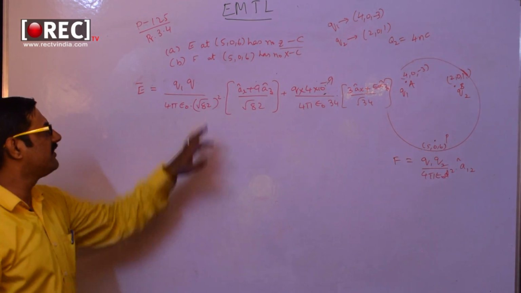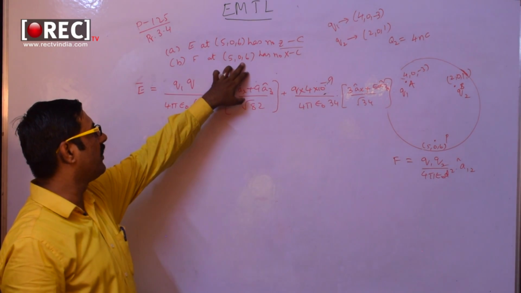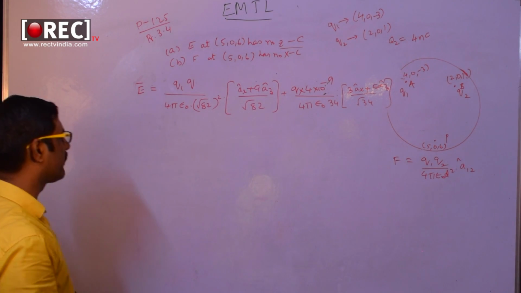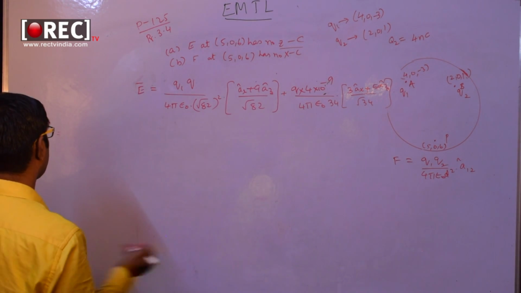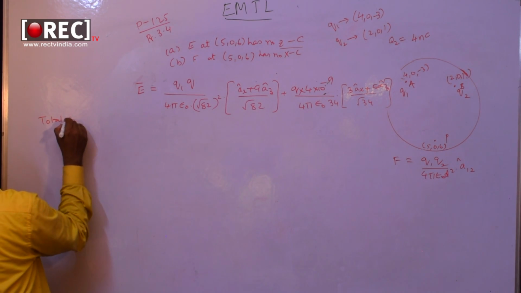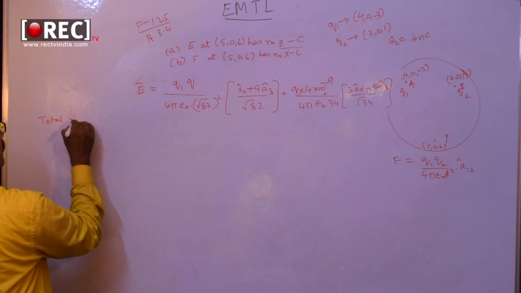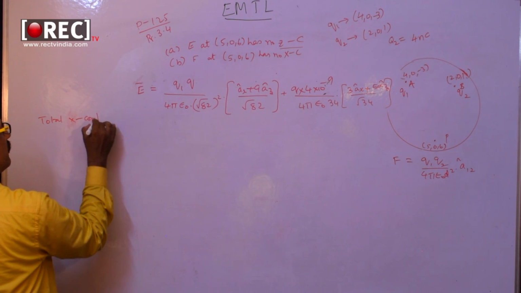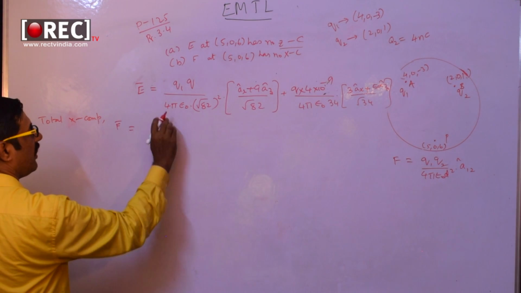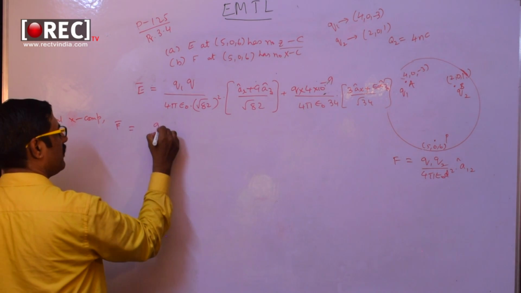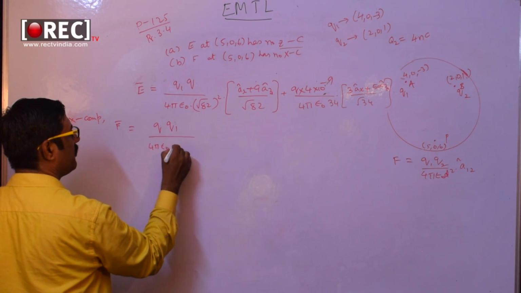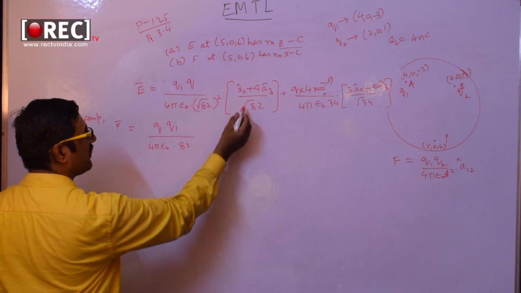Now he says that the force at this point has no x component. So let us determine the total x component. The total x component is Q1 by 4 pi epsilon naught into 82 into, yes, this is the x component here.